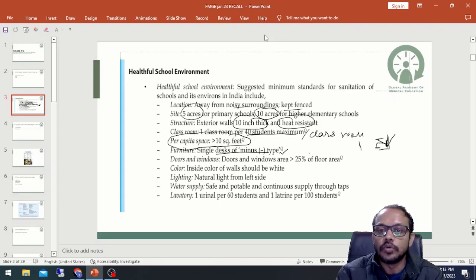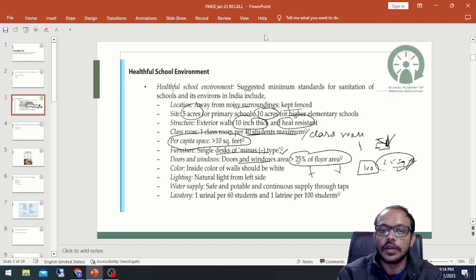Doors and windows should be more than 25% of the floor area. Combined area of the doors and windows should be more than 25% of the total floor area. For example, if the floor area is 100 square feet, then 25 square feet should be door and window. Inside color of wall should be white, so that proper lighting is attained, because the white surface gives good reflection.